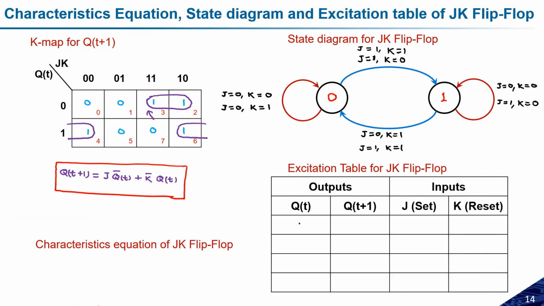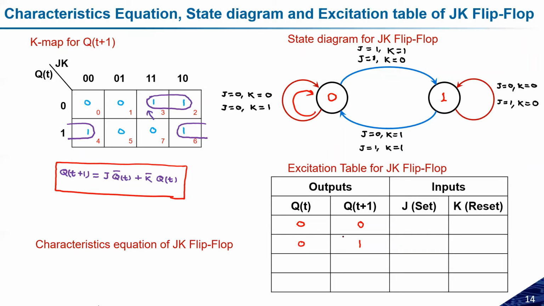The first possibility is qt is 0 and qt plus 1 is 0, this loop. The second is qt is 0 and qt plus 1 is 1, from 0 to 1 we are changing, so I need to consider this transition. Let us do one by one, that will be better.